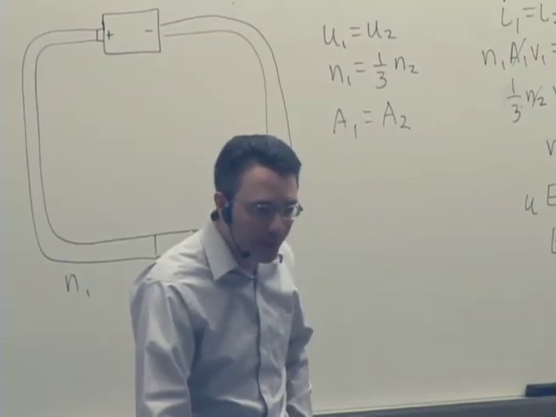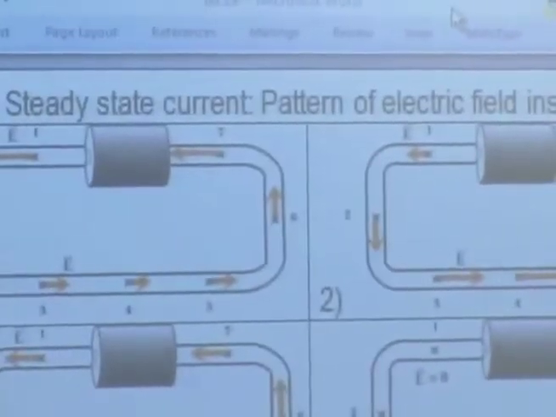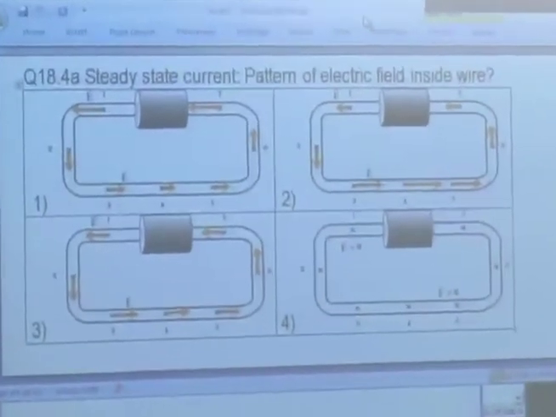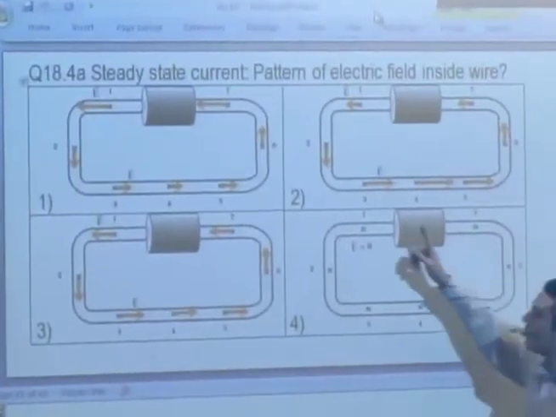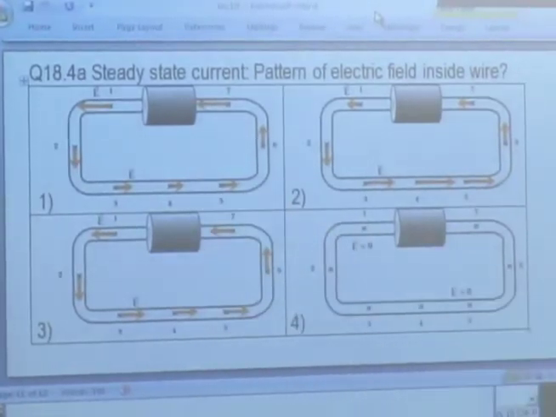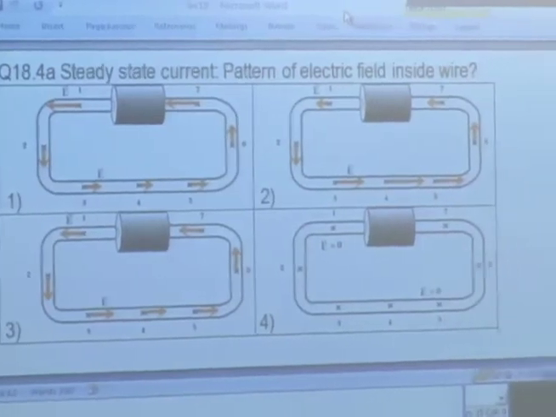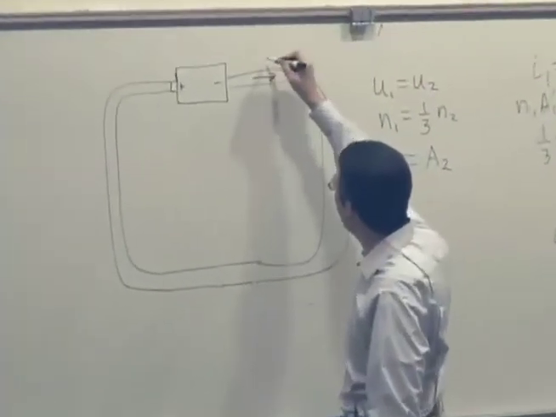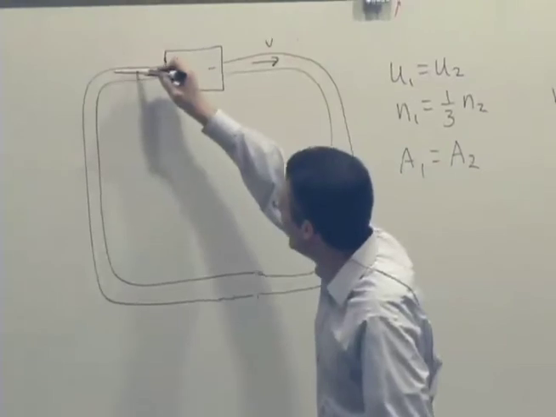All right, let's look at this question. We go back to our simple circuit that we started with, which is just a single wire. First of all, directions of the electric fields. Well, we're kind of jumping the gun a little bit, so let's just go back a step. If you have a battery set up like this, we know that the electron current is flowing, we said, out of the negative terminal and into the positive terminal.